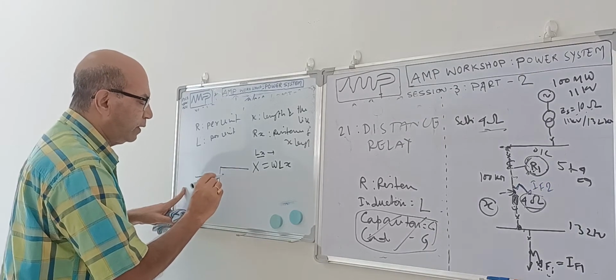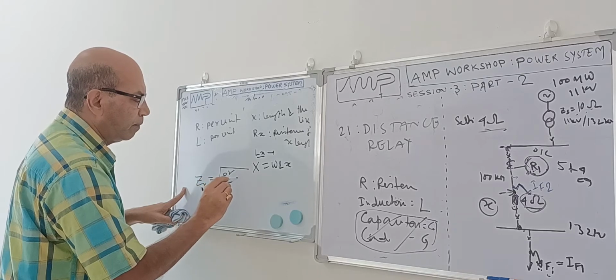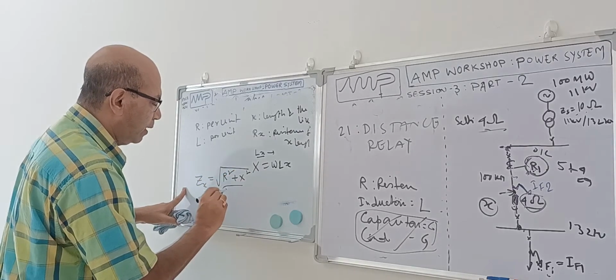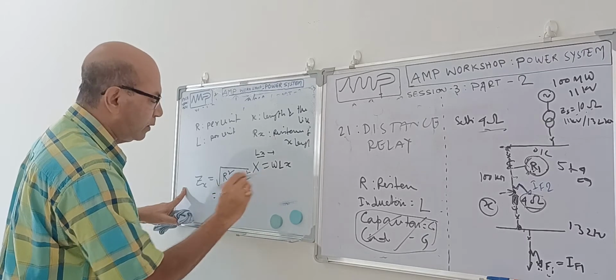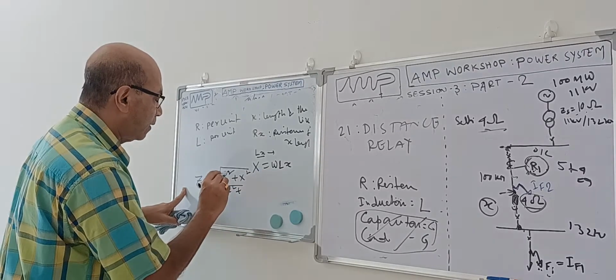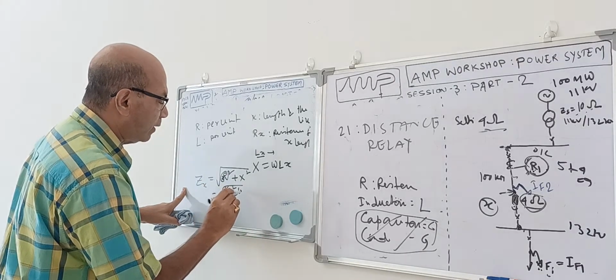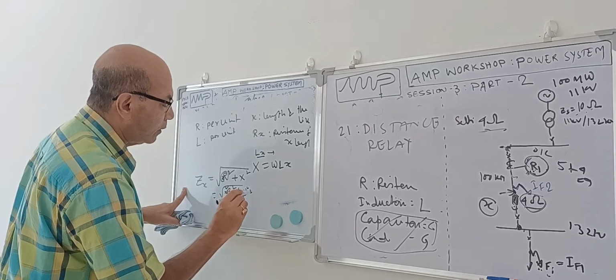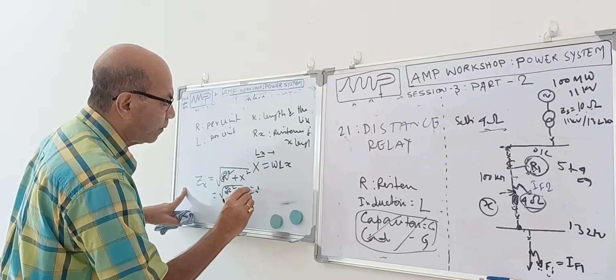Square root of resistance square plus reactance square. This is equal to R square X square plus omega square L square X square.